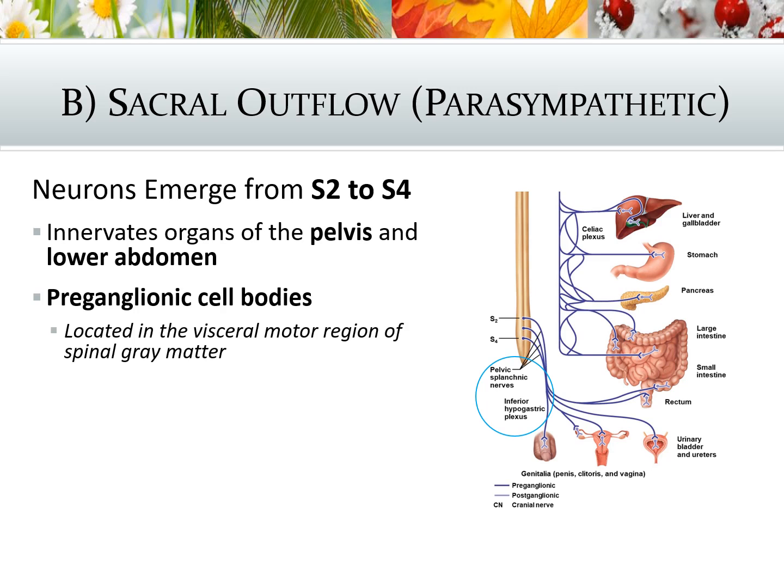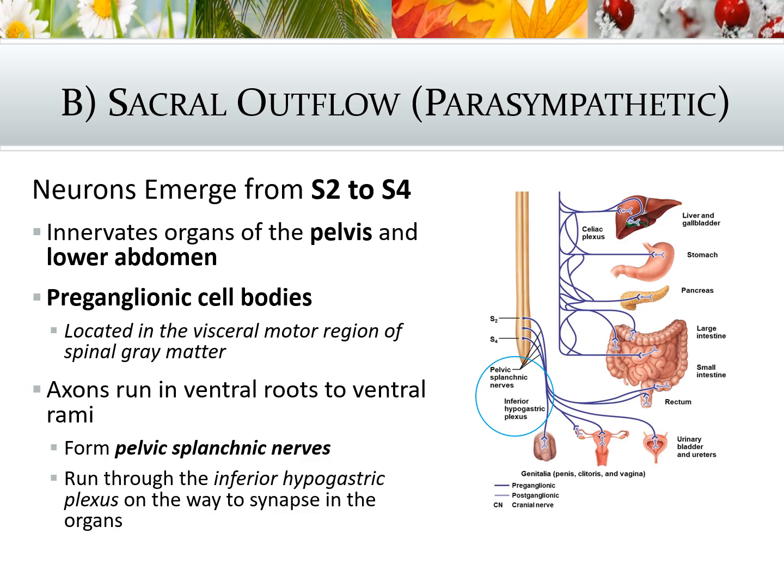These preganglionic cell bodies come from the spinal gray matter. We talked about gray matter versus white matter of the spinal cord. These axons run through the ventral roots to the ventral rami.